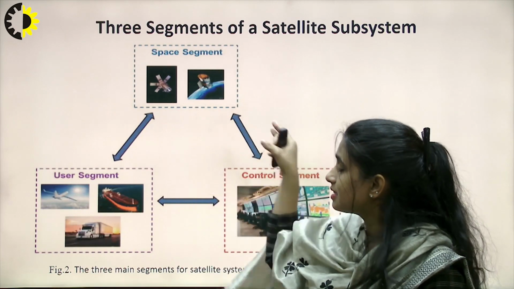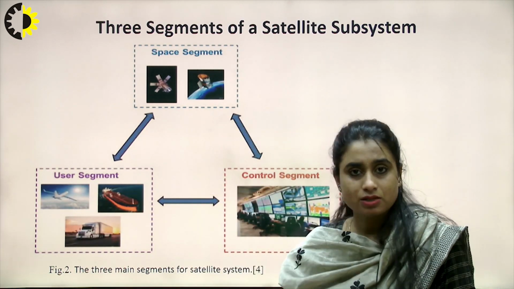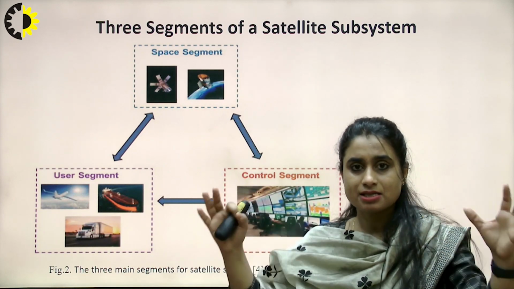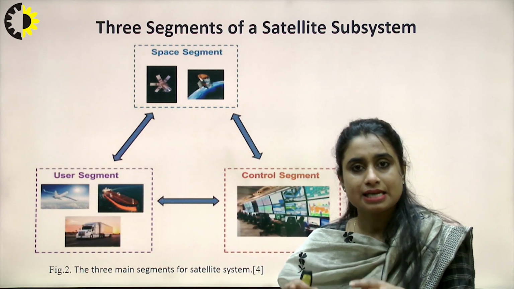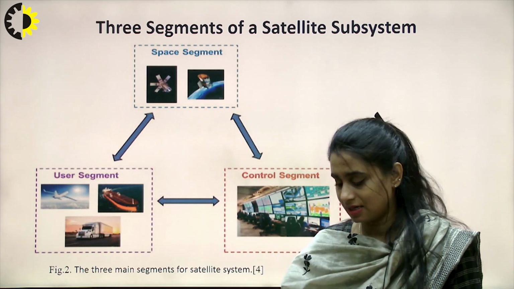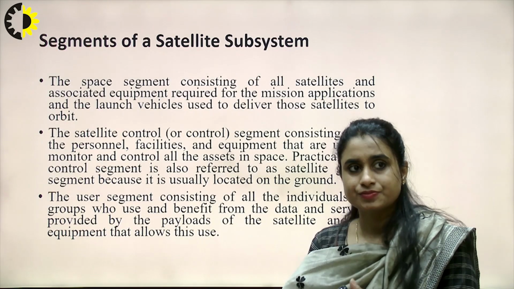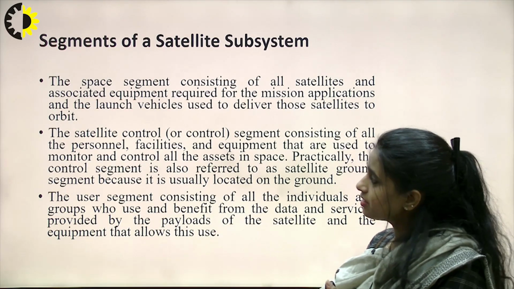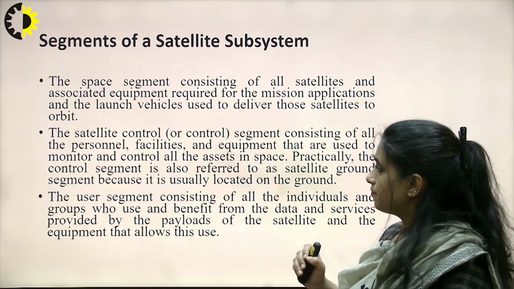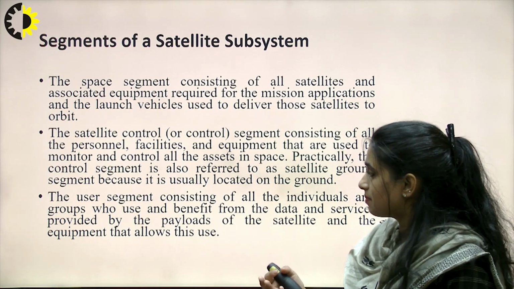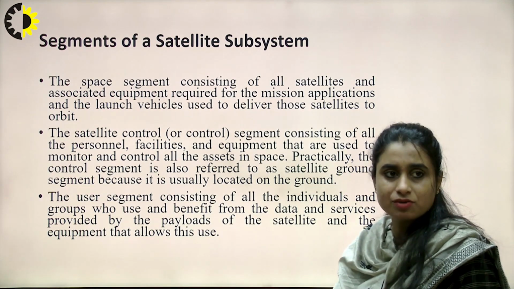So collectively, these 3 segments, the space segment, the user segment, and the control segment, are collectively called the satellite subsystem. The space segment consists of all satellites and associated equipments. The user segment consists of all the applications and necessary equipments that we use, right?